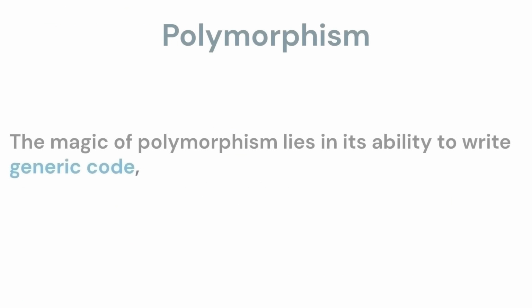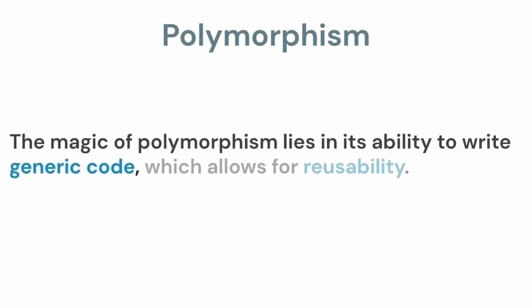The key point to note here is that polymorphism helps you write generic code, and generic code is reusable.